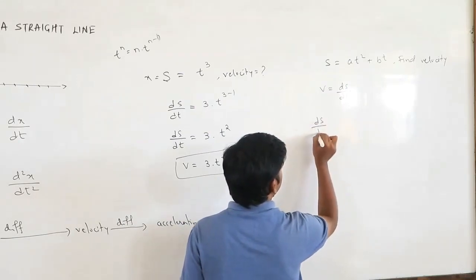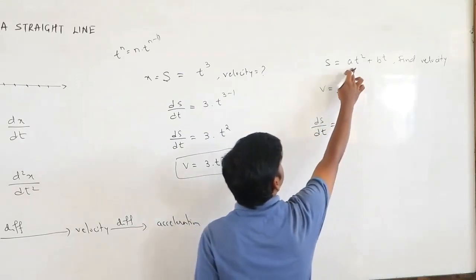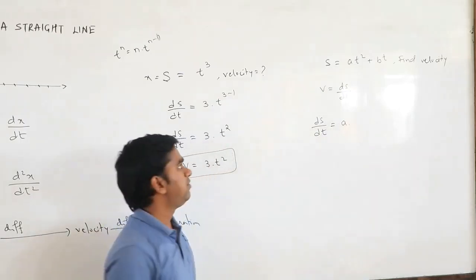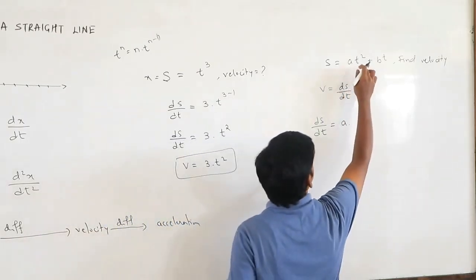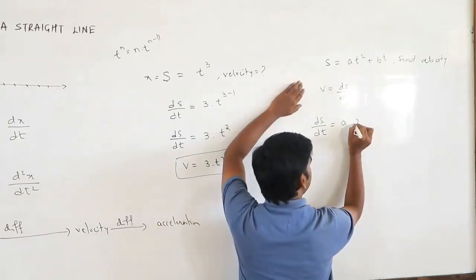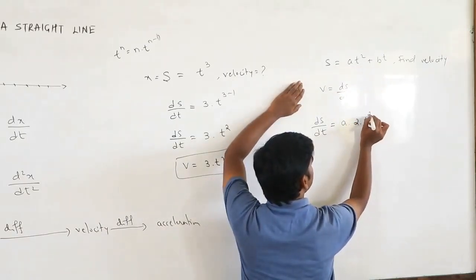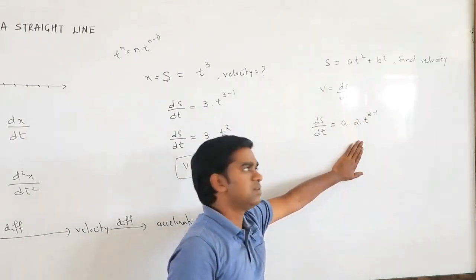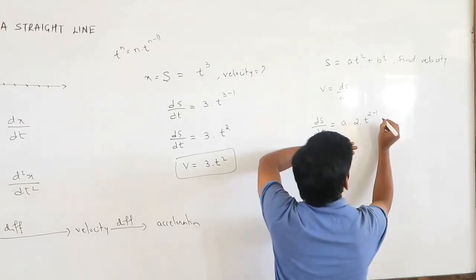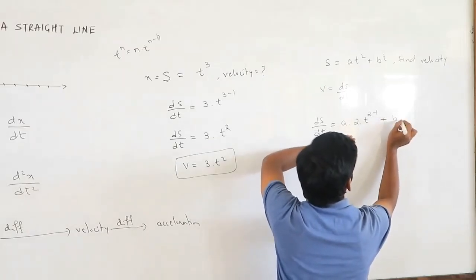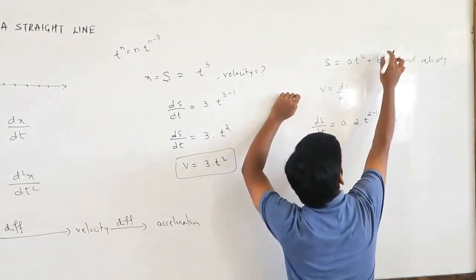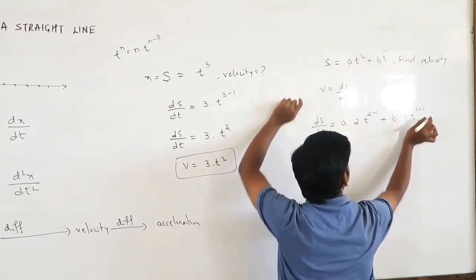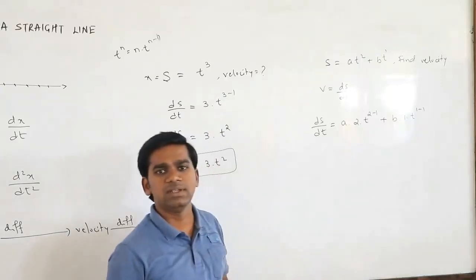A is a constant, so take a outside. The differentiation of t square is 2 into t raised to 2 minus 1, that is n into t raised to n minus 1. Plus b is constant, as it is. With t raised to nothing, meaning 1, we get 1 into t raised to 1 minus 1.